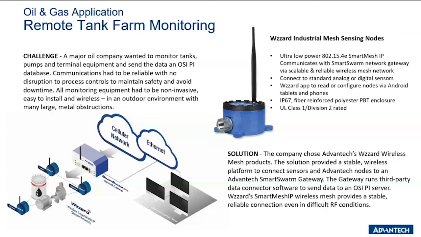Okay, so the customer chose Advantech with the mesh sensing node to get the data from the sensor level, get the data from the motor, from the devices on the gasoline storage farm, and through the cellular router they transfer the data from the farm to the center.